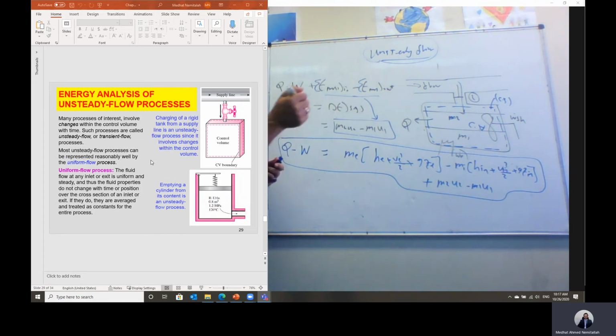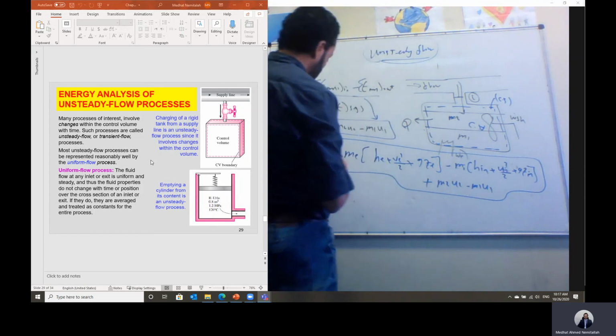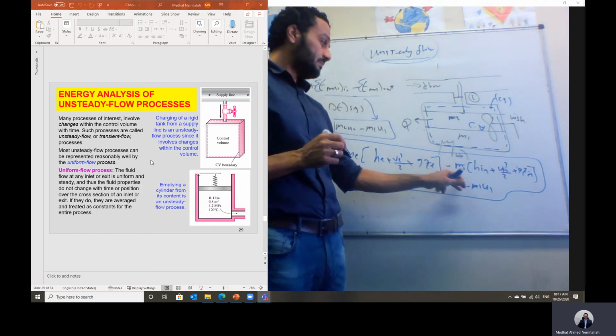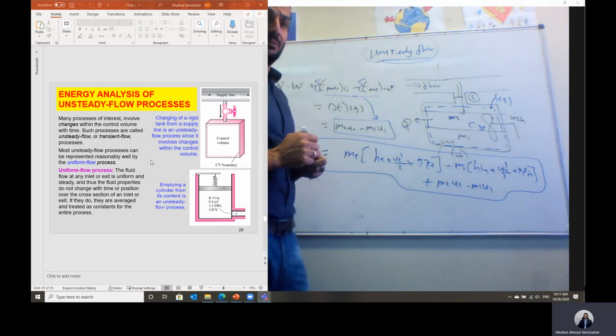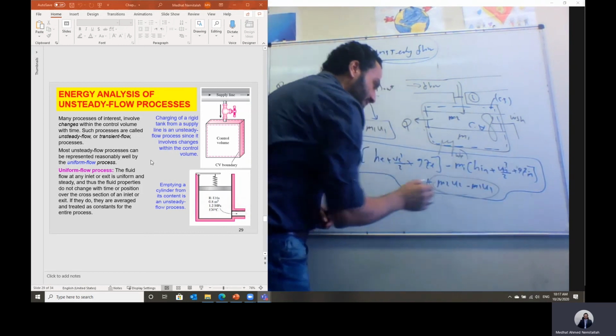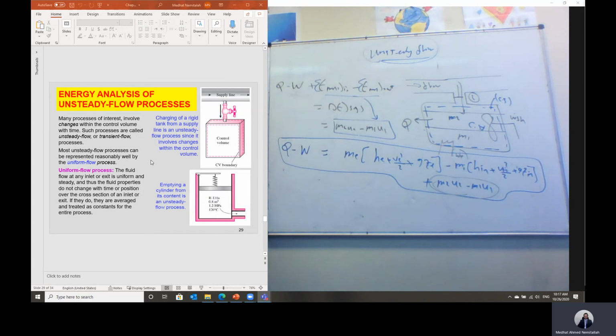So this is a common error, that you just say Q minus work equals M exit multiplied by this term minus M inlet multiplied by this term, and you just forget about this term. This term is very important, okay? Please don't forget.